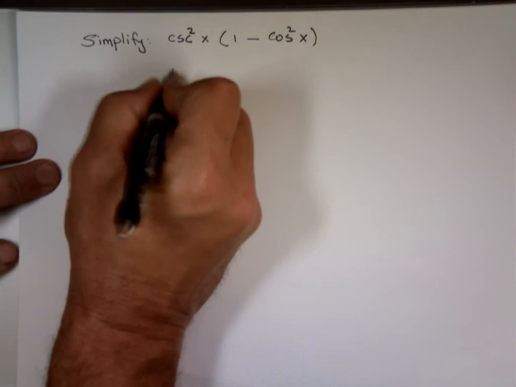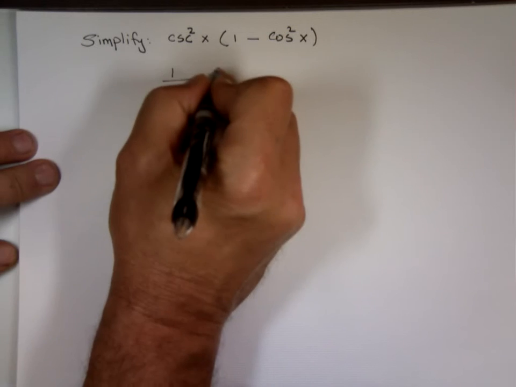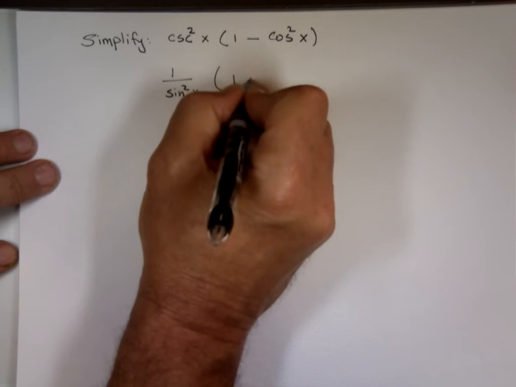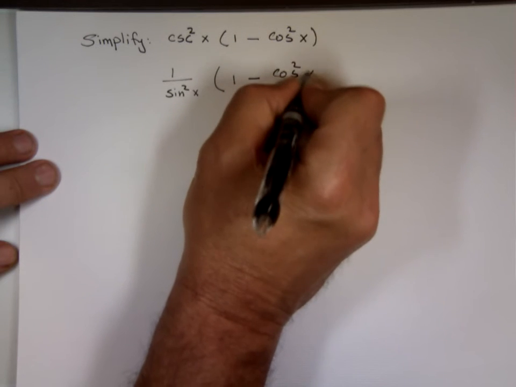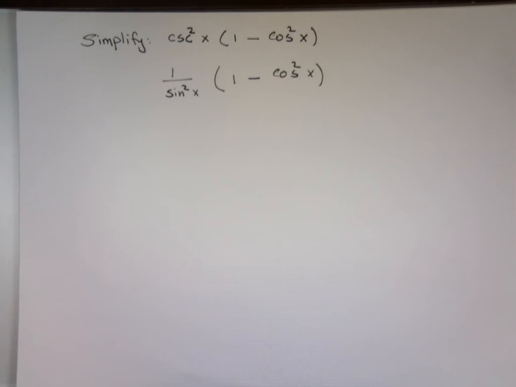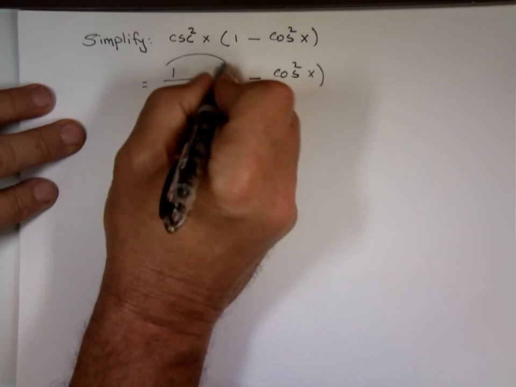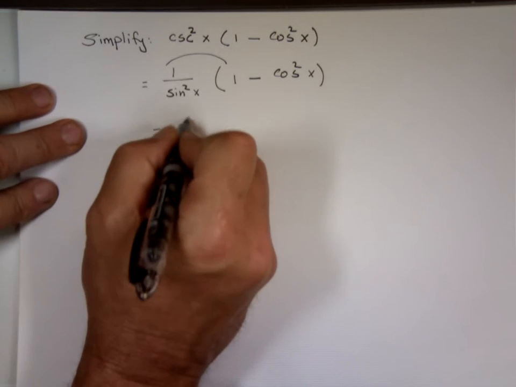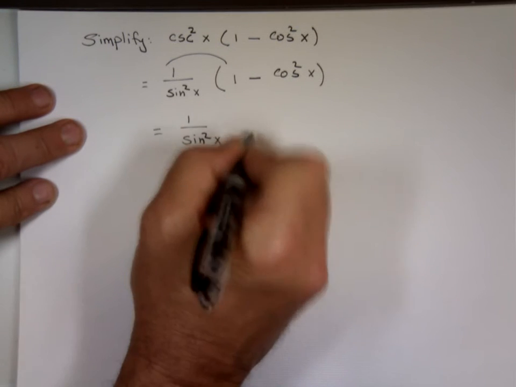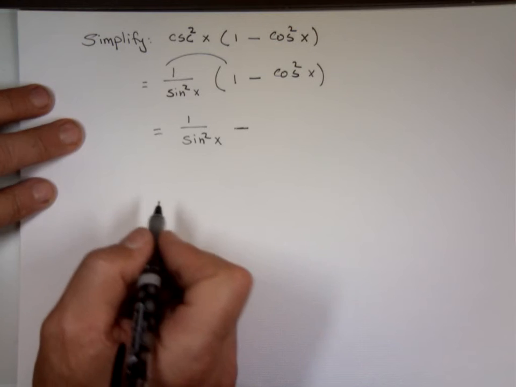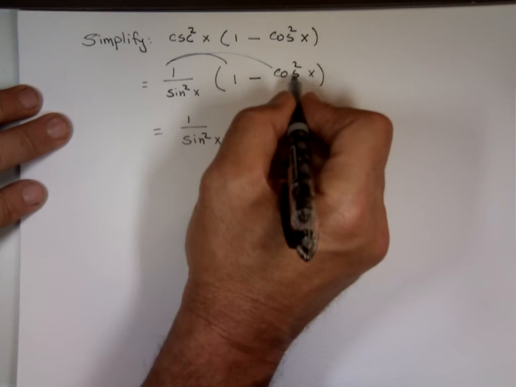Cosecant is 1 over sine squared, times 1 minus cosine squared x. Distribute that one. This will be 1 over sine squared x minus, this will be what? Cosine squared divided by sine squared.